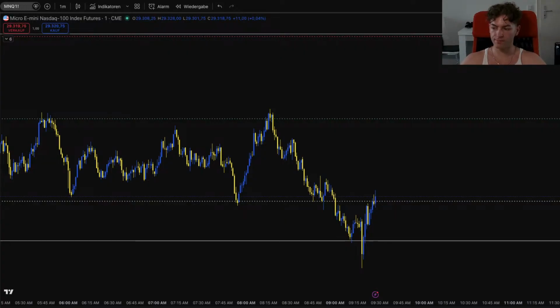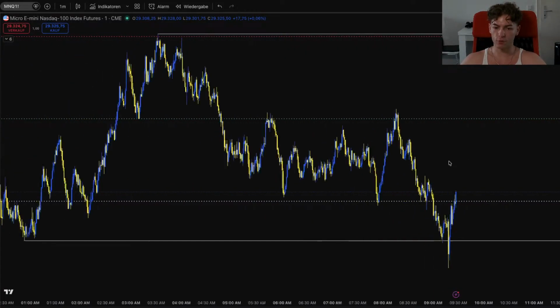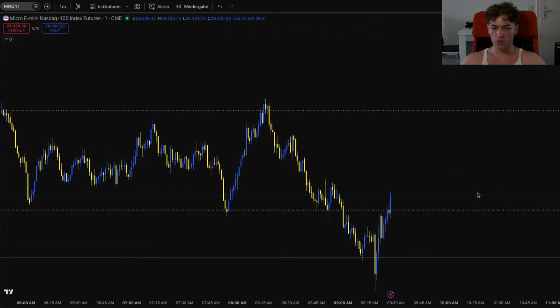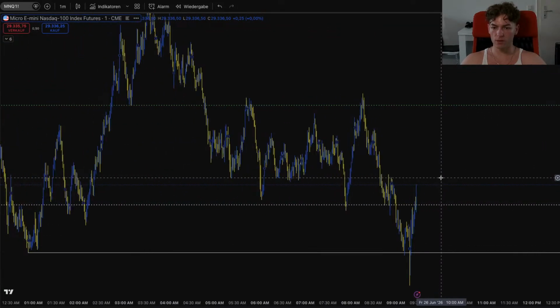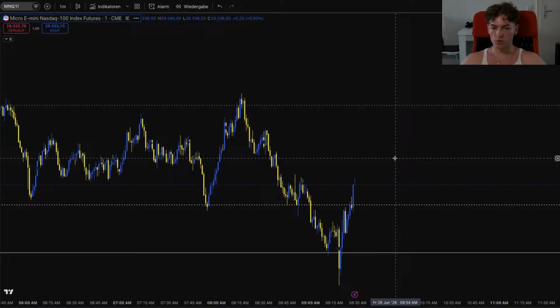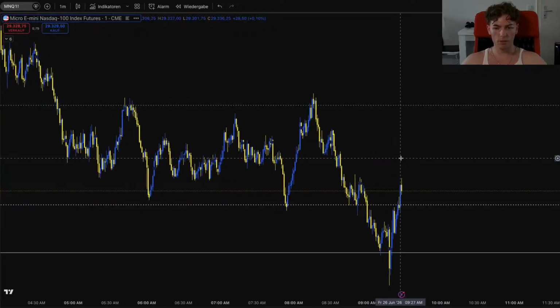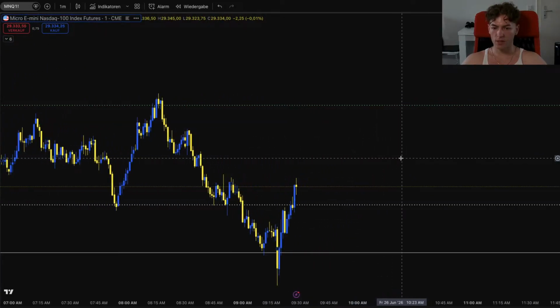So that unfortunately decreases our chances, because whenever Trump is speaking, more often than not, price action tends to be a little bit off, choppy, and kind of manipulated.